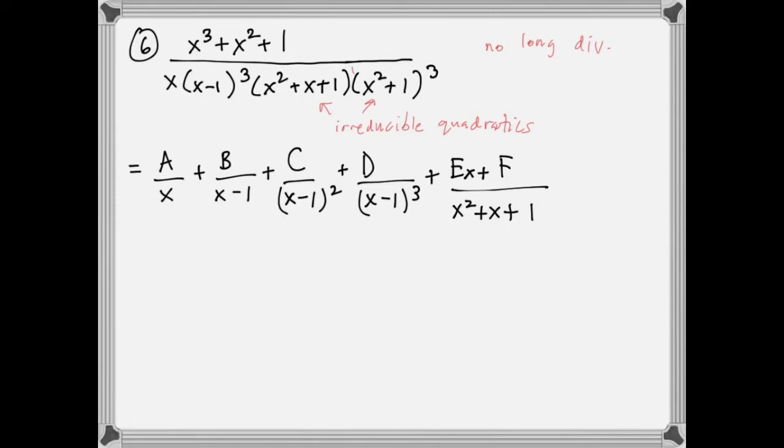And now the last one's going to be the trickiest one, right? We have a quadratic, an irreducible quadratic, but it's cubed, which actually means we're going to have to do it 3 times. And not only that, but it's going to be 3 pairs. Going to run out of letters in the alphabet here.